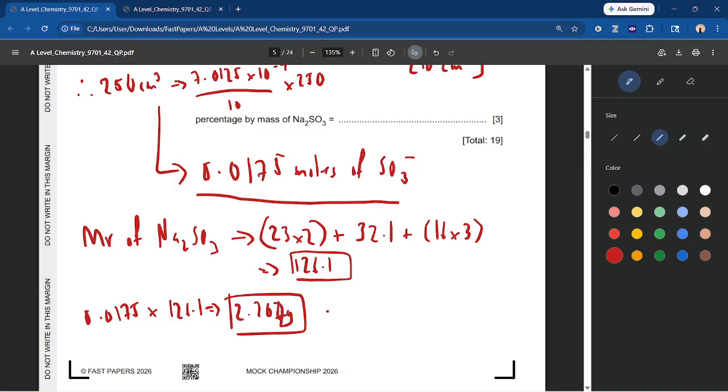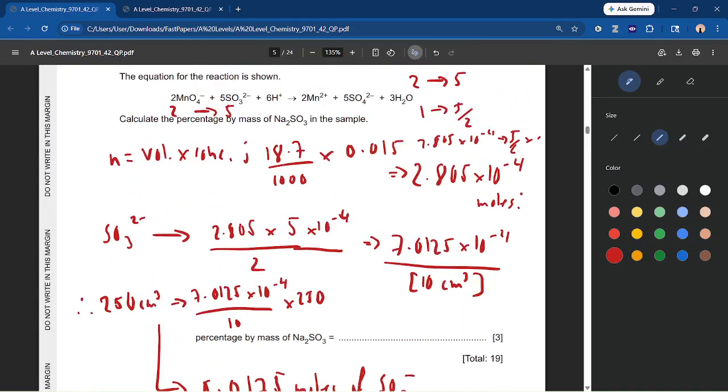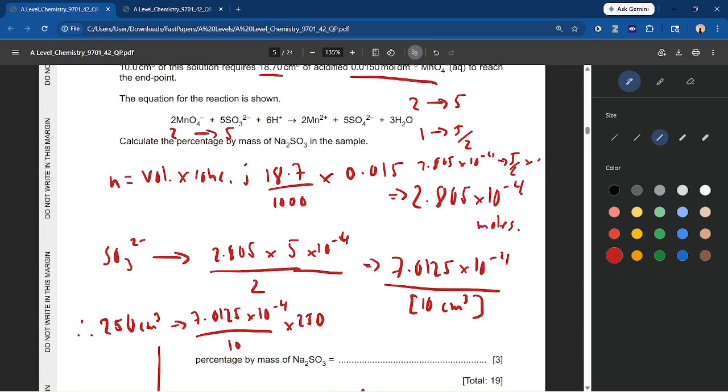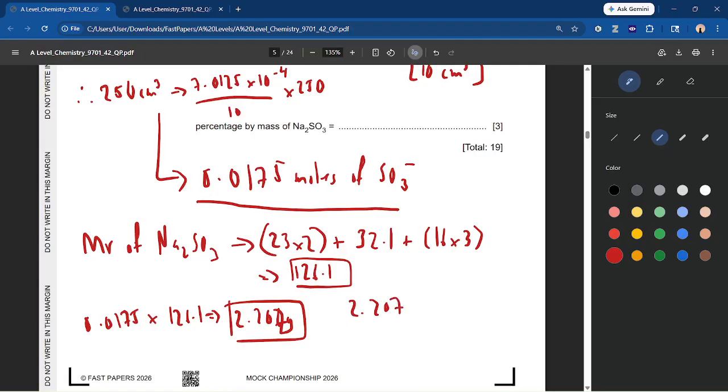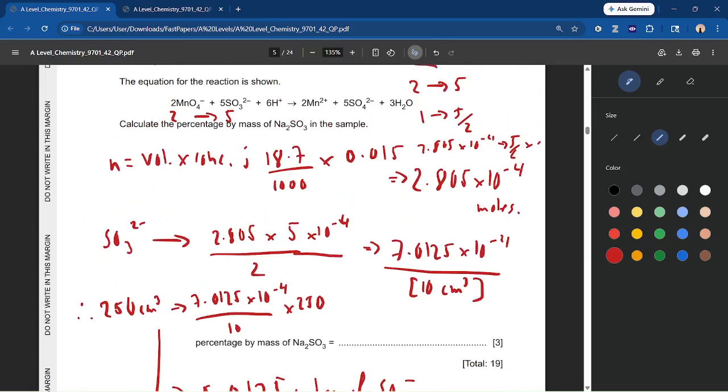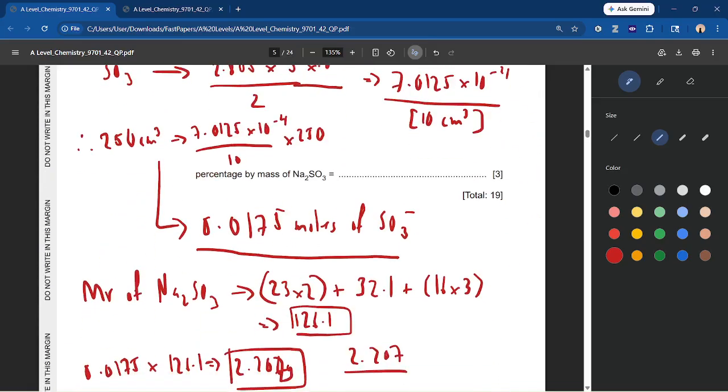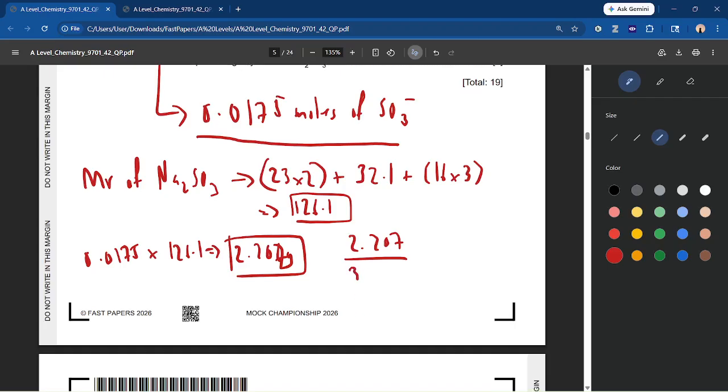But anyway, remember that you initially had 3.75 grams. So the percentage by mass is going to be 2.207 divided by your original amount, which is 3.75, and then you multiply that by 100.